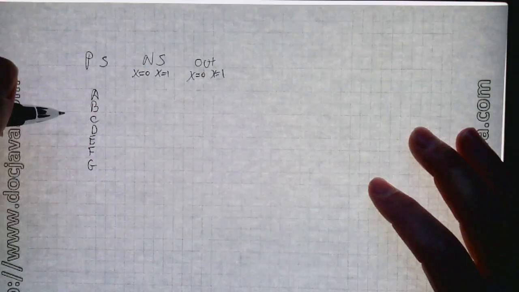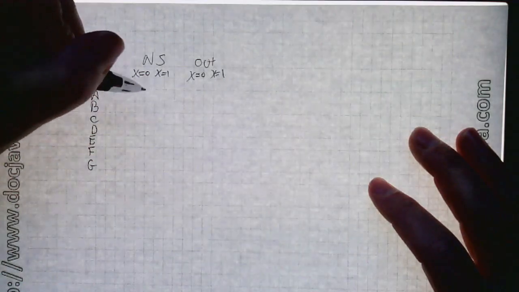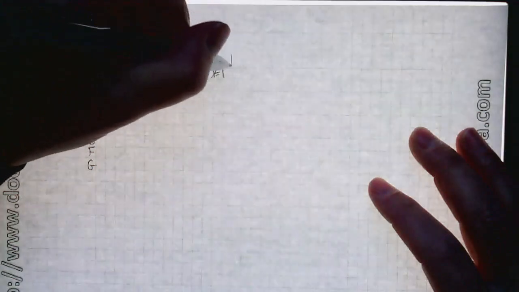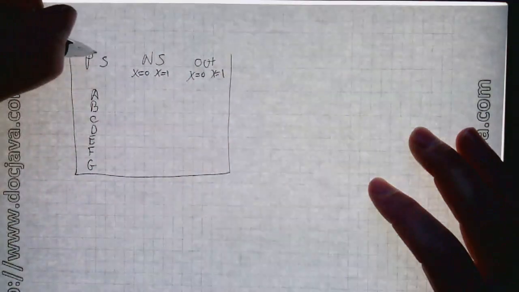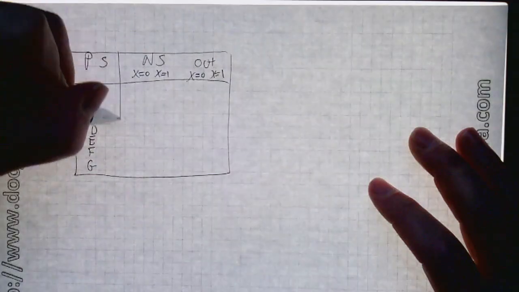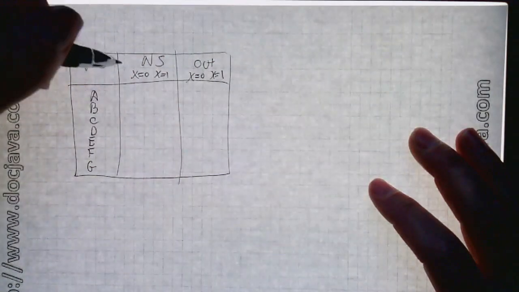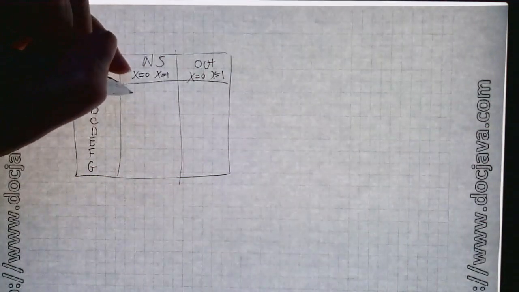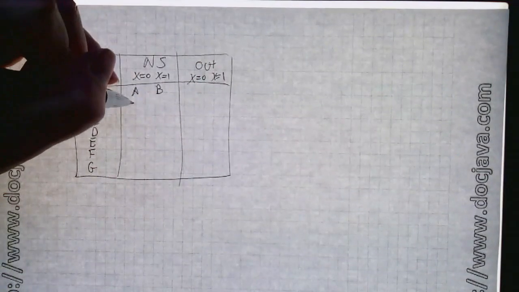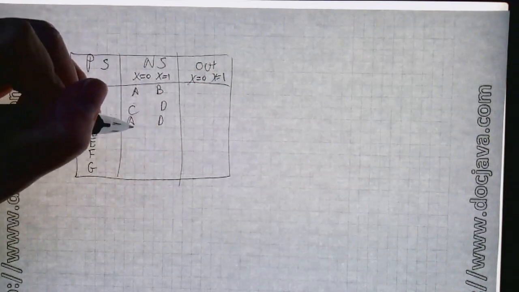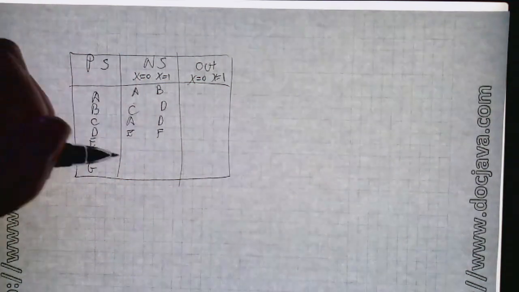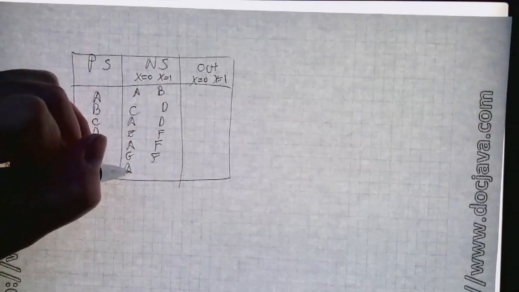Then for the next state, which is a function of the input, I've got to put a little box around all of this. We're going to write out A, B, C, D, A, D, E, F, A, F, G, F, A, F, with outputs.